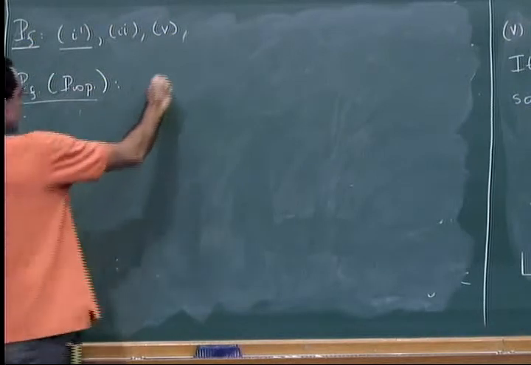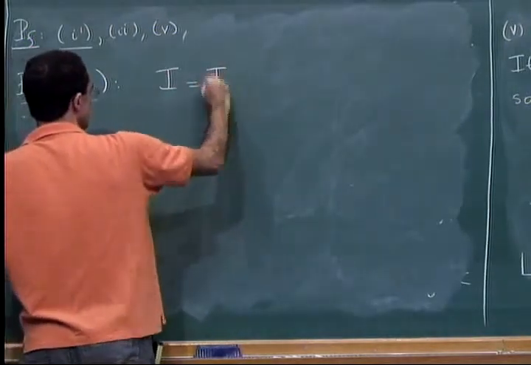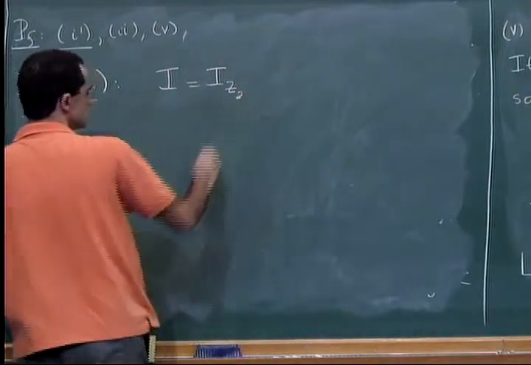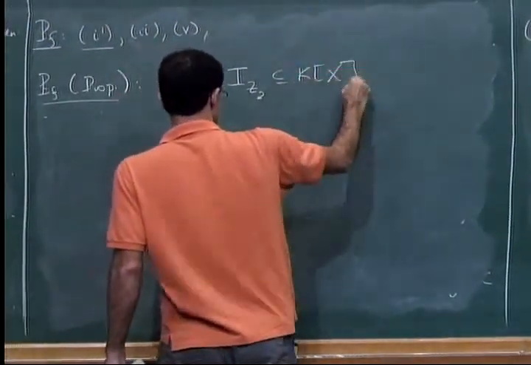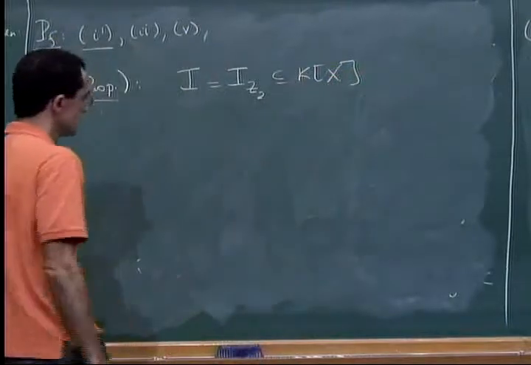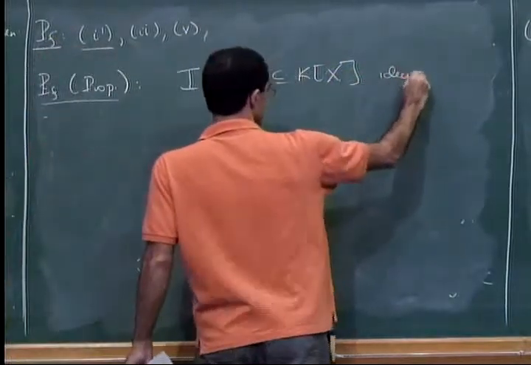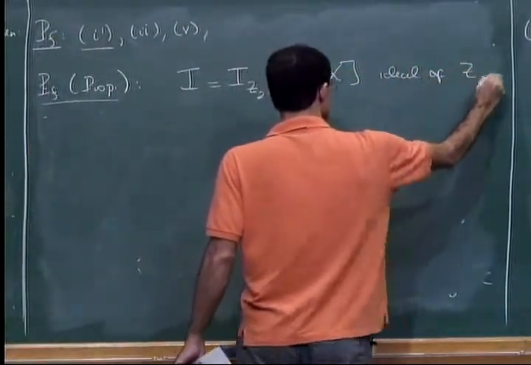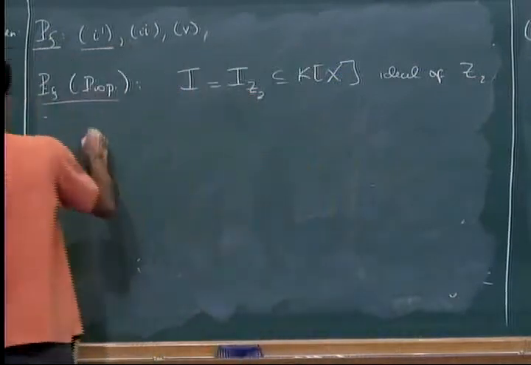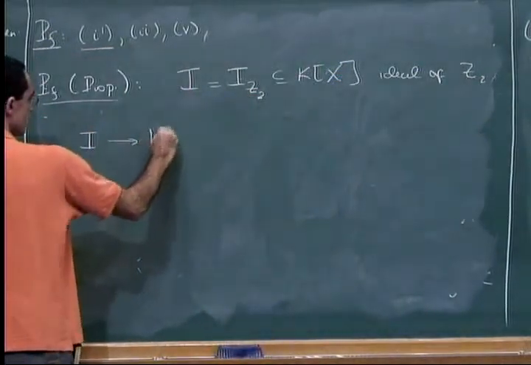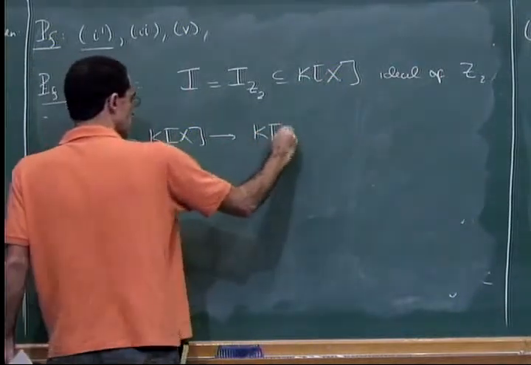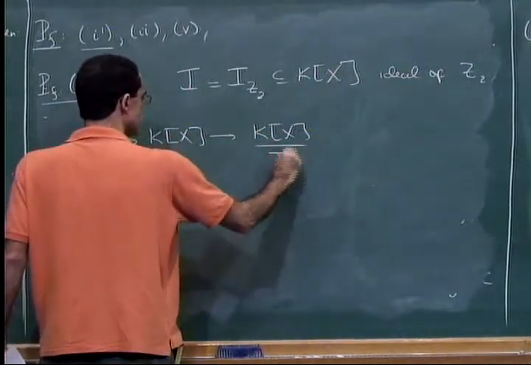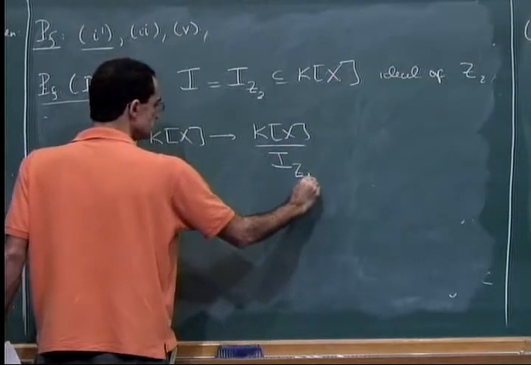Let I be the ideal of Z2 inside of K of X. We have a composite map to the quotient, where here is the ideal of Z1.